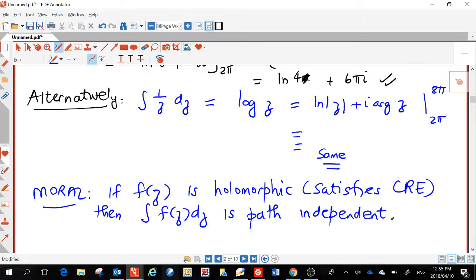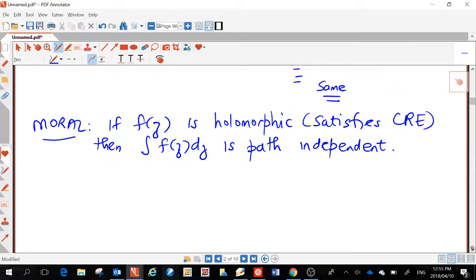You'll get the same answer irrespective of which path you choose. So integrate as for normal functions, as for real valued functions.